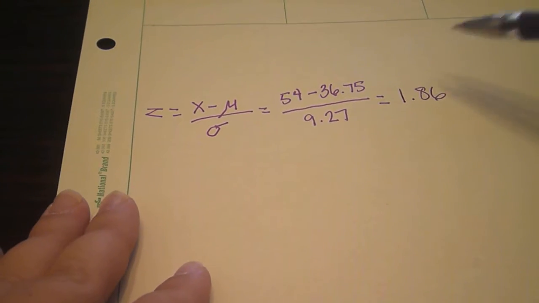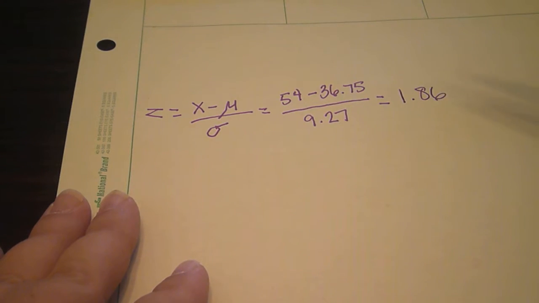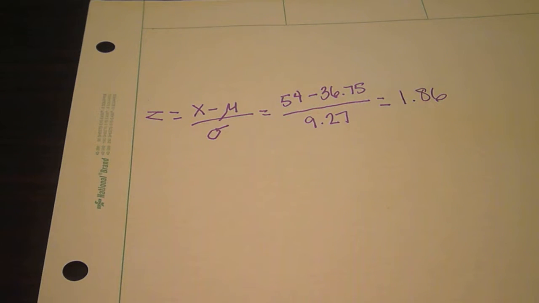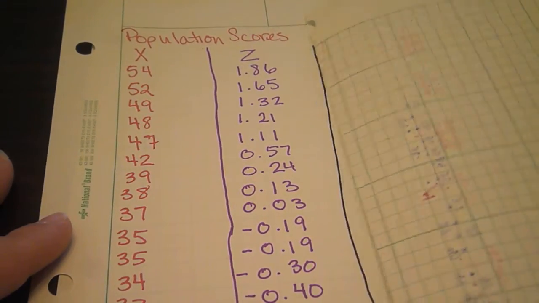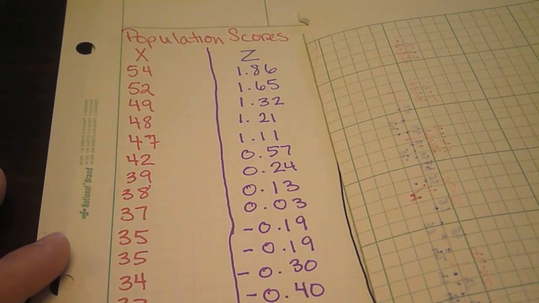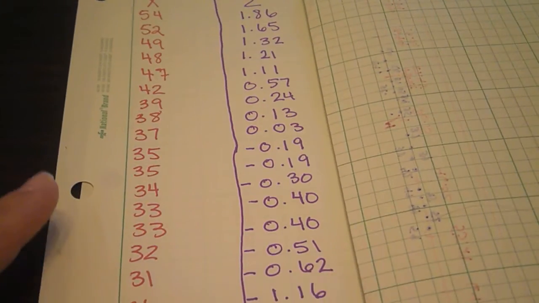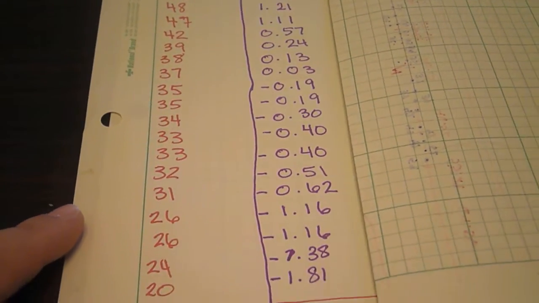So as you can see from that, it's really easy to find your z-scores. Now remember, this is just standardized z-score. So I'm going to come back here and you can see that I've calculated all of our z-scores for that.